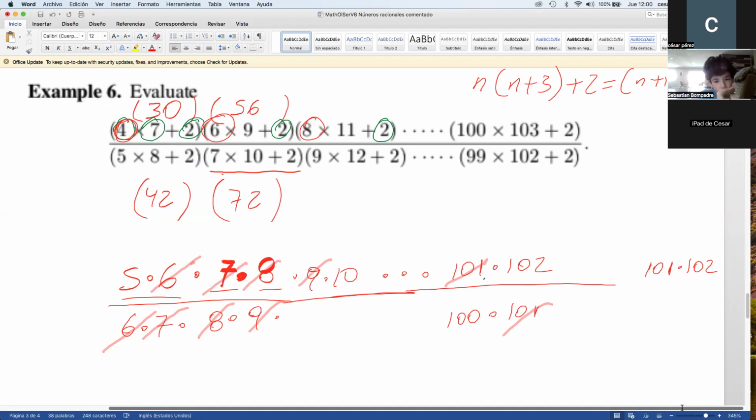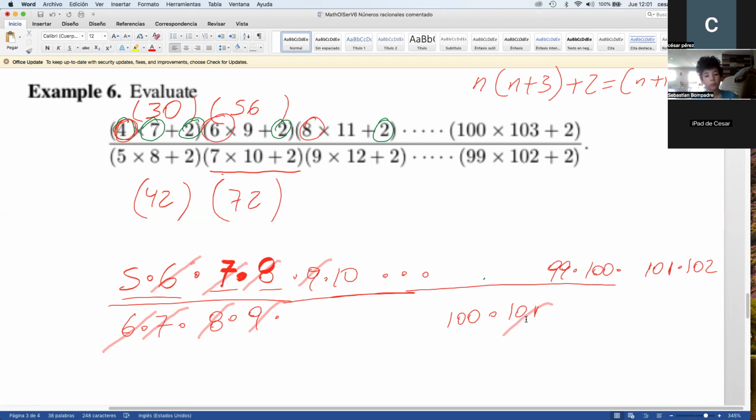And before this, we will have 100 times 99. Let's see. For a moment, I think that we will have one number here and one number here, one in the numerator and one in the denominator.